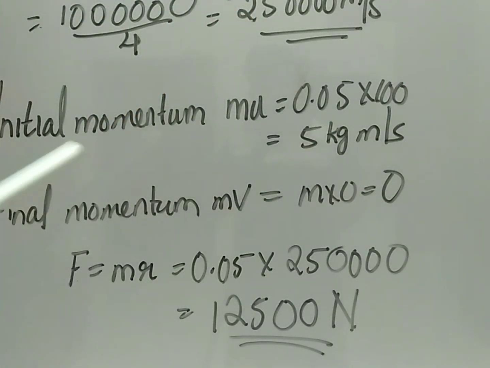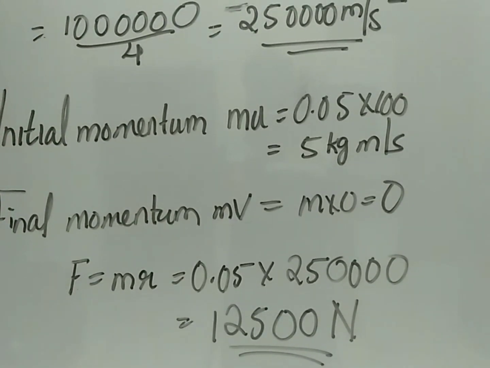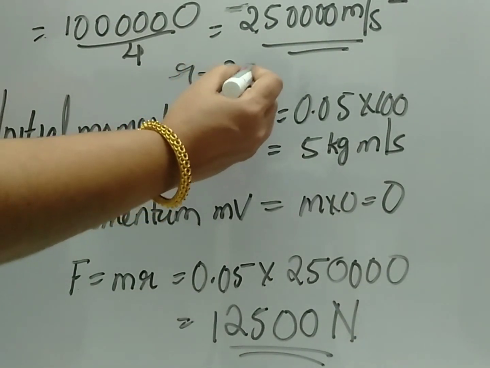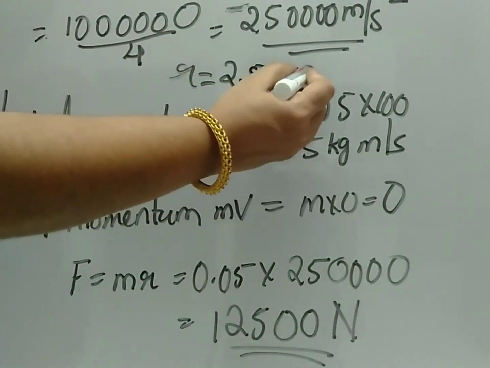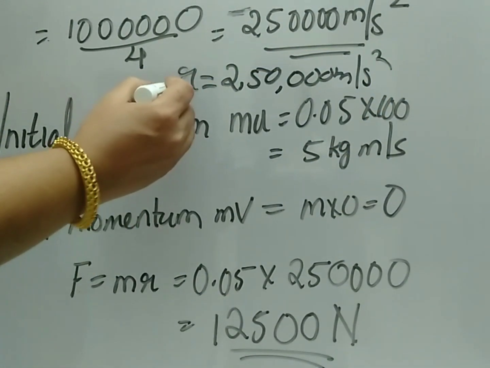So what will be retardation? Negative of negative. You have to write here retardation R is equal to positive 2 lakh 50,000 meter per second square.